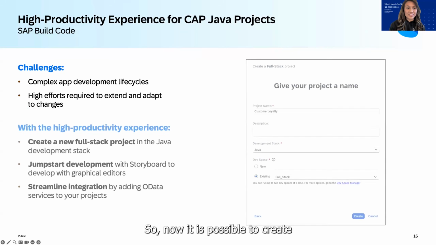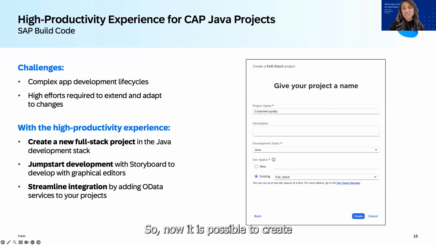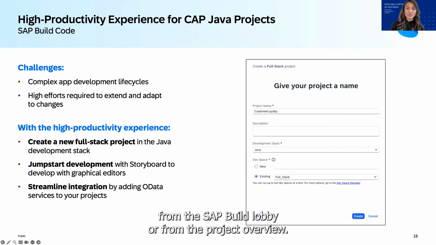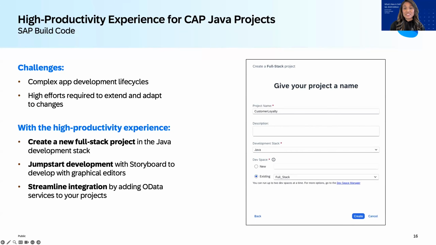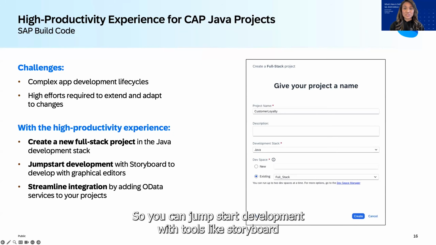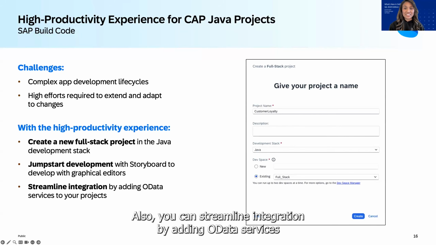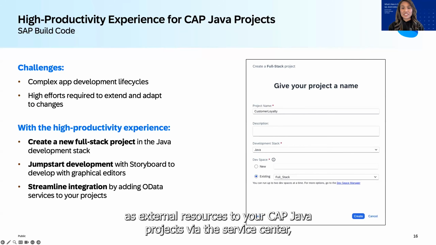Now it is possible to create a new full stack project in the Java development stack, either from the SAP Build lobby or from the project overview. So you can jumpstart development with tools like Storyboard to see an overview of the app and develop with graphical editors. Also, you can streamline integration by adding OData services as external resources to your CAP Java projects via the Service Center.